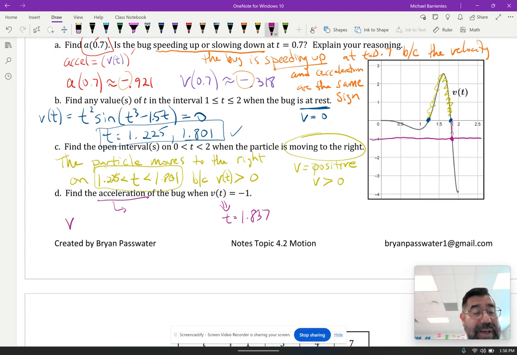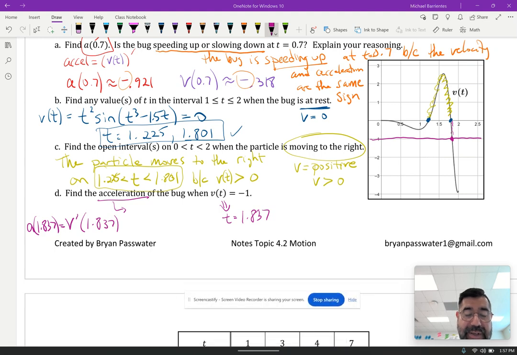So now I can find the derivative of velocity at 1.837 seconds. I use the fact that the velocity is equal to negative 1 at this time, and now I'm using that time to find the acceleration, which is just the derivative of velocity evaluated at 1.837.